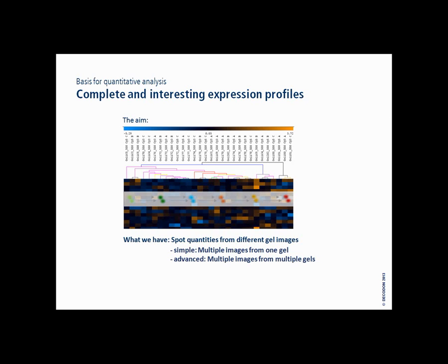This is rather simple if we have multiple images from the same gel, because then we have just one gel without any distortions. There are no variations in the positions of the spots among the different images. However, it becomes more complex if we have multiple images from multiple gels, introducing distortions between the gels. How can we get interesting expression profiles even then?